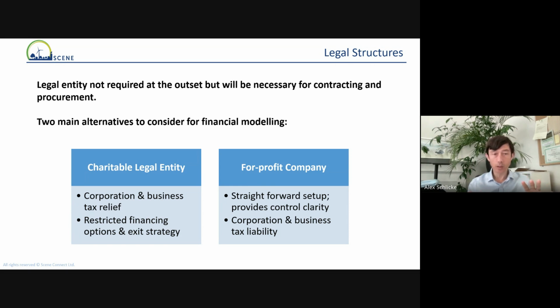And there are benefits to setting up as a charity in terms of the tax reliefs you get, but there are also restrictions, because you can have less access to the full range of financial and funding support, and it can be difficult if you ever choose to exit, because if it's wrapped up in the charitable objects, that can create problems as well.